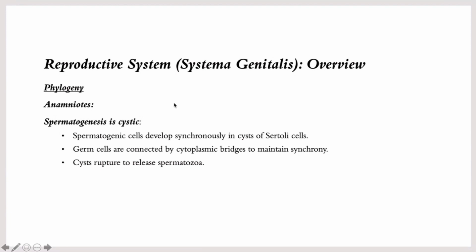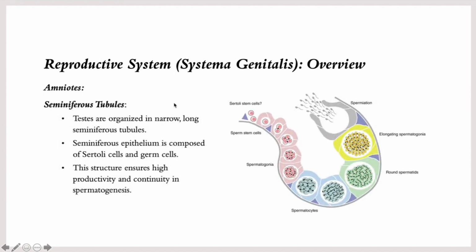Then the amniotes, which are of course the reptiles, birds, mammals, have the seminiferous tubules. The testes are organized in these narrow, long seminiferous tubules, composed of Sertoli cells and the germ cells. And this structure allows for high productivity and continuity in spermatogenesis.